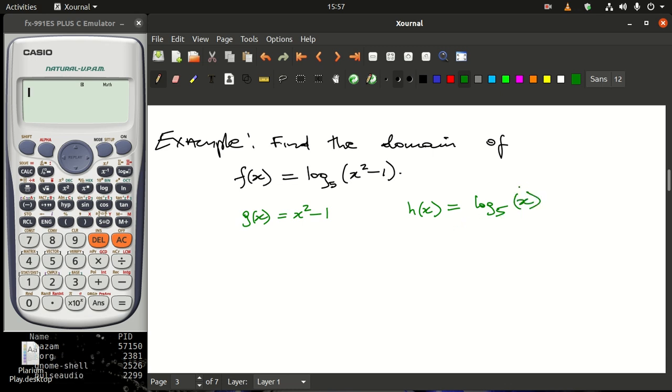I know how to plot this, I know how to plot that, but the issue is that I don't really know how to plot that thing, because I have this x squared sitting inside there, and I have this one there. Now, how do I find the domain of this particular function here?